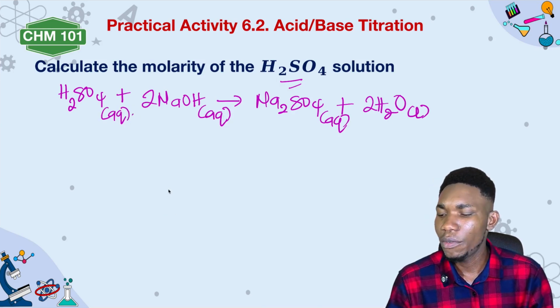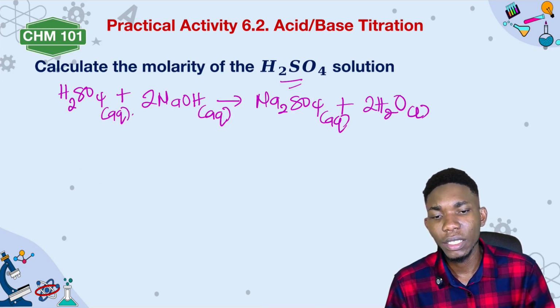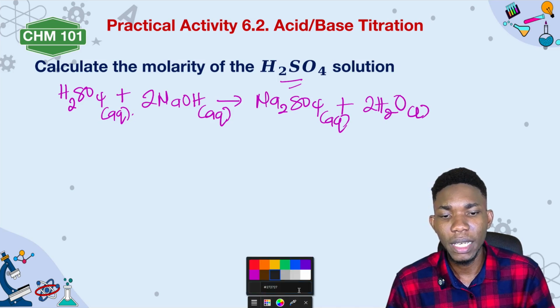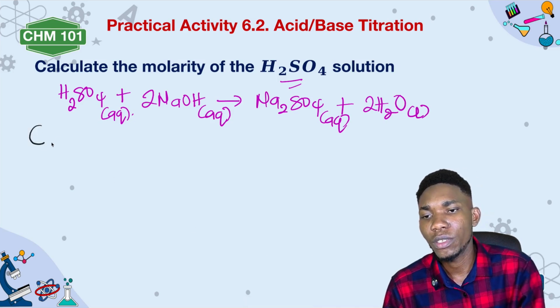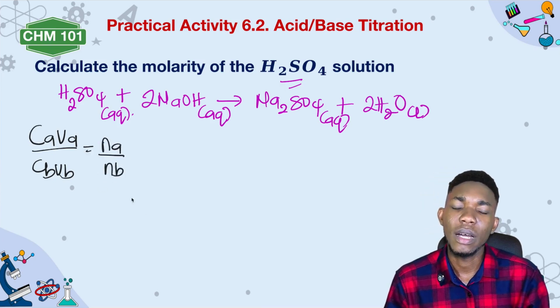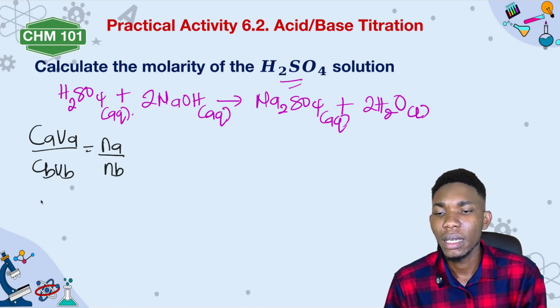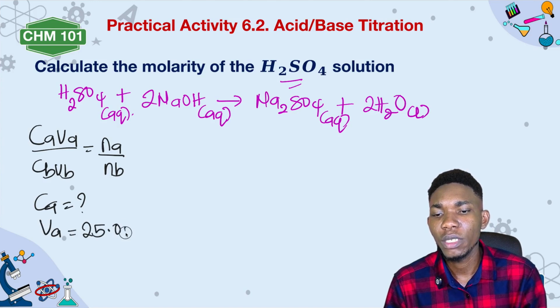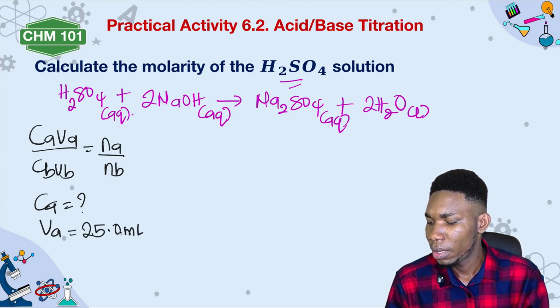Now, the general equation for titration, my dear student, for what you know in your secondary school, is CaVa over CbVb equals Na over Nb. What is our Ca? The concentration of acid is unknown. That's what you are looking for. What is our Va? The volume of H2SO4 given, which is 25.0 ml.